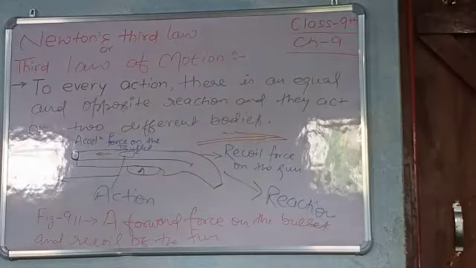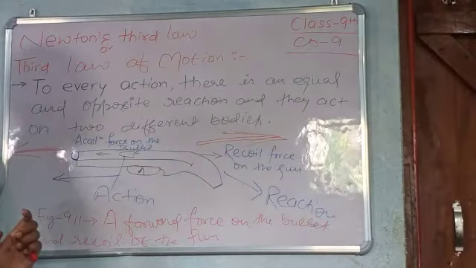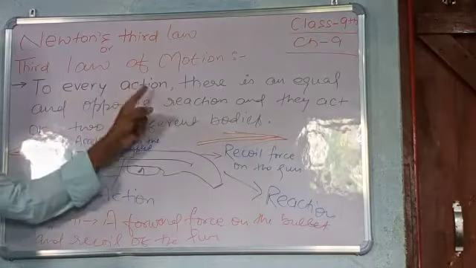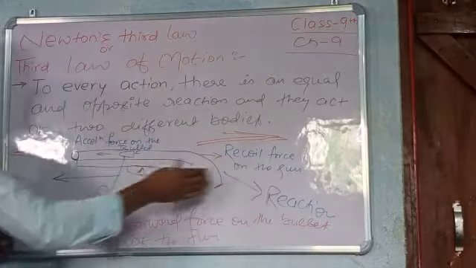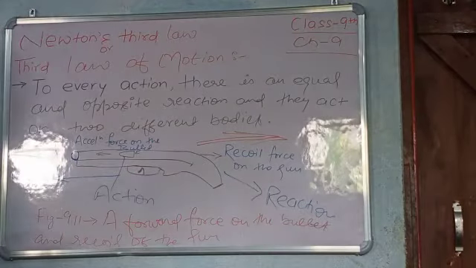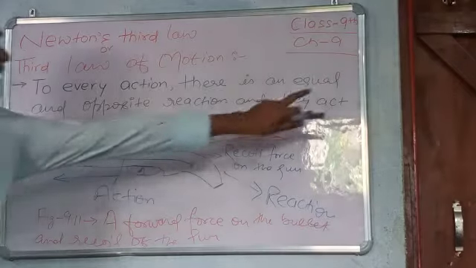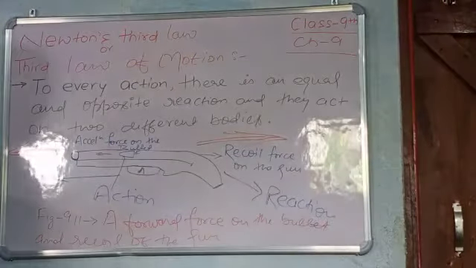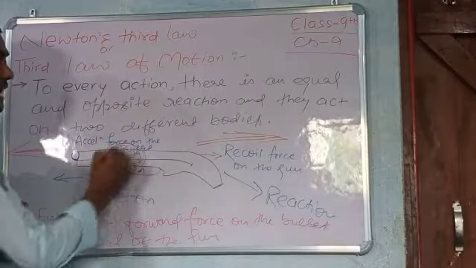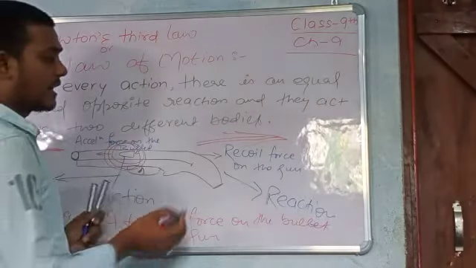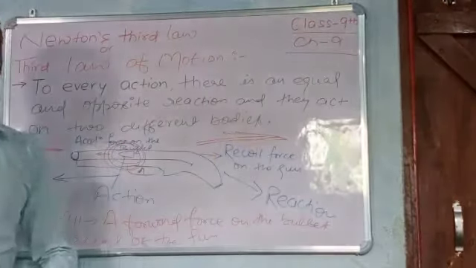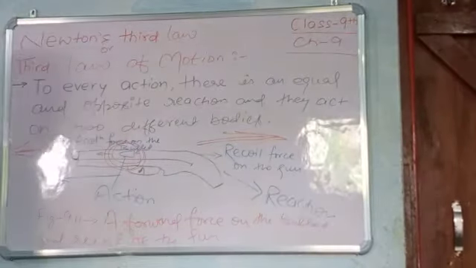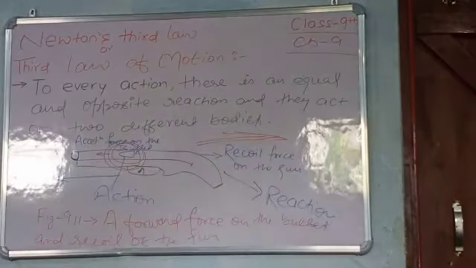Okay, this is all about Newton's third law. I repeat, this law states that to every action there is an equal and opposite reaction, and they act on two different bodies. So action acts on the bullet and reaction acts on the person who shoots the gun. So this is all about Newton's third law of motion.